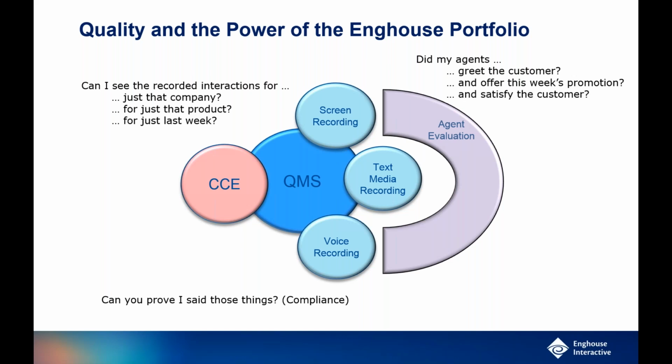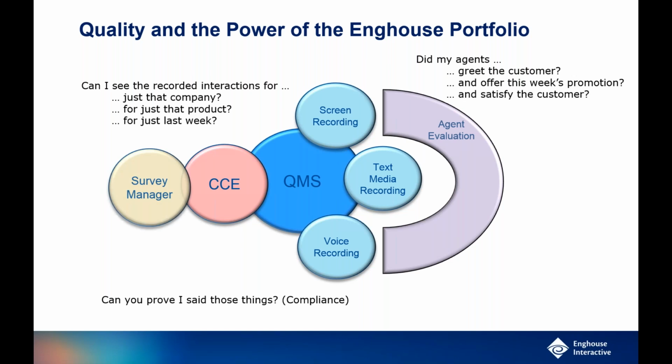Now I'm a supervisor, now I'm a manager, now I'm a quality assurance department, listening to these media recordings and analyzing them and going through and giving them a score across a number of different criteria. So we're getting there, right? We're starting to go up the chain of quality metrics into more sophisticated metrics by layering on more aspects of a full portfolio for quality.